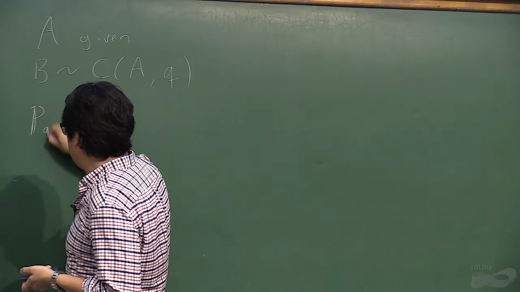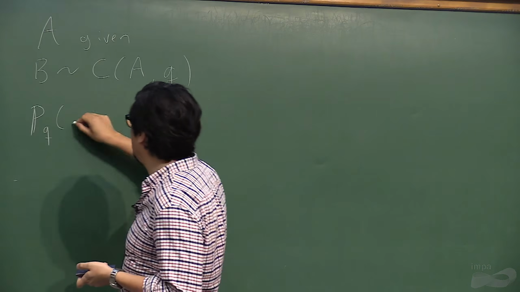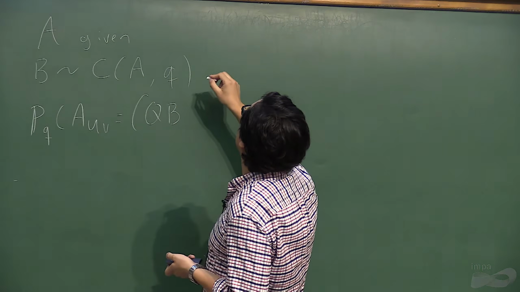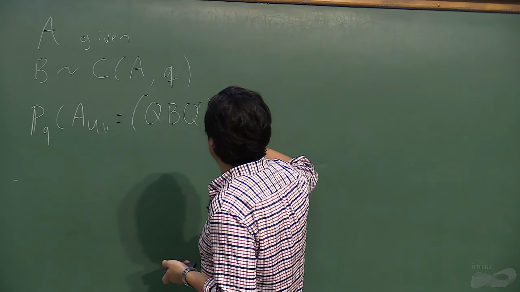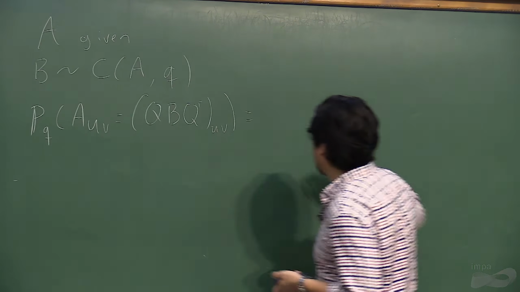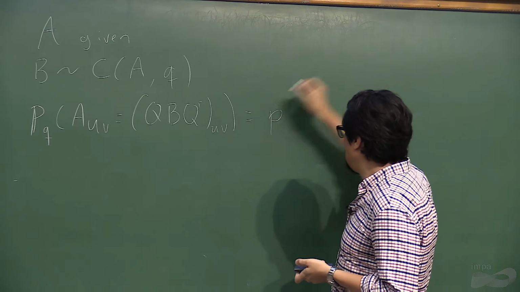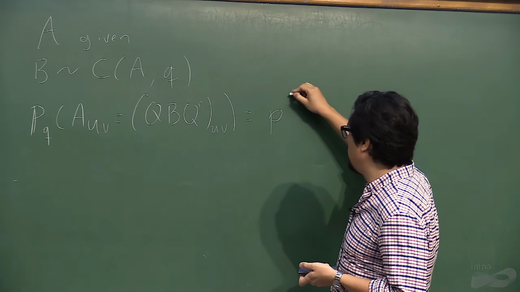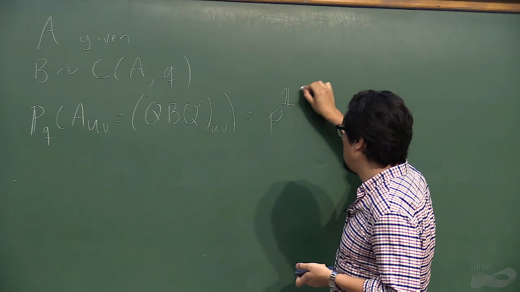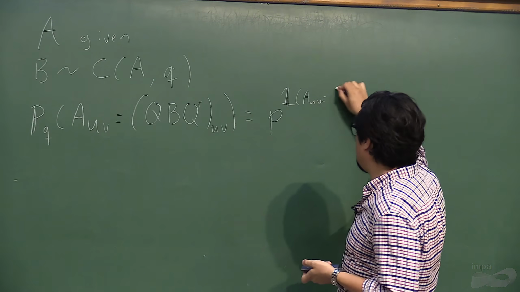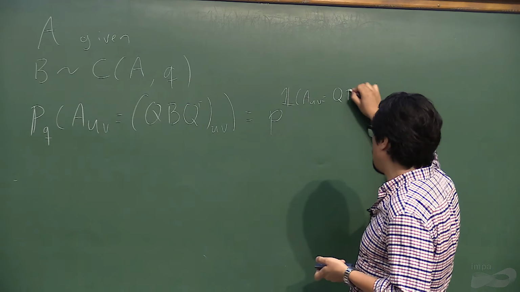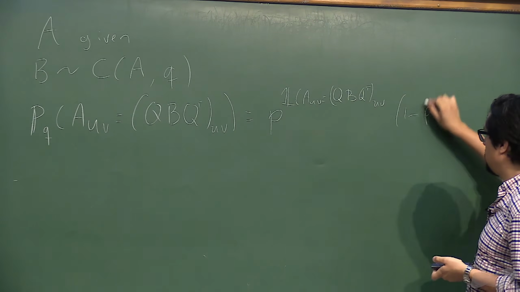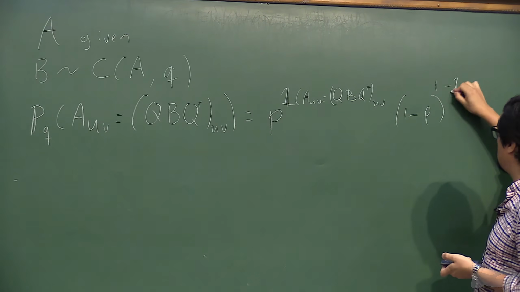The probability that this happens is going to be given by this: P to the indicator of these two edges being the same, times 1 minus P to 1 minus the indicator, right?